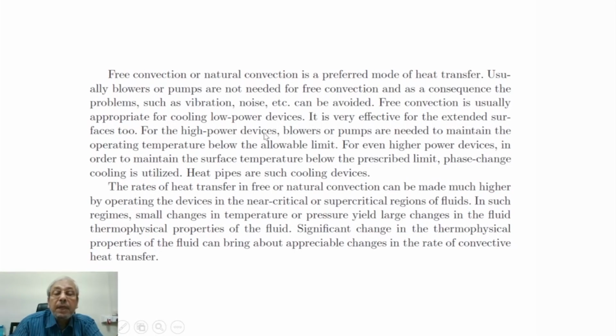For high power devices, blowers or pumps are needed to maintain the operating temperature below the allowable limit. For even higher power devices, in order to maintain the surface temperature below the prescribed limit, phase change cooling is used. Basically, heat pipes are used for such cooling devices.